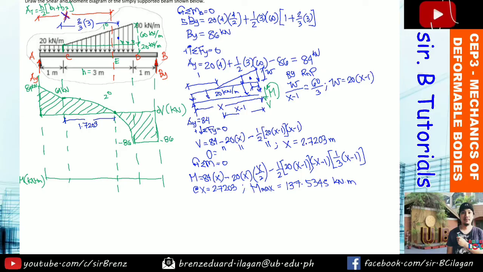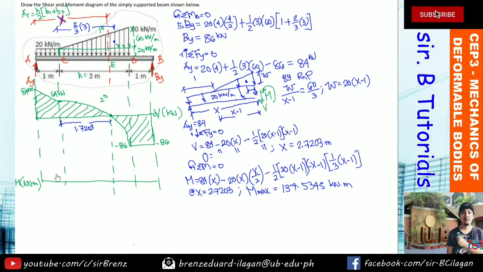So let's get started. Again, let's start at the leftmost part. At point A, again, this is a support. Therefore, the initial moment here will start at 0. Again, when it comes to moment, you have 0 moment when there is a support at point A. Between these two values, just identify which is the maximum and which is the minimum.